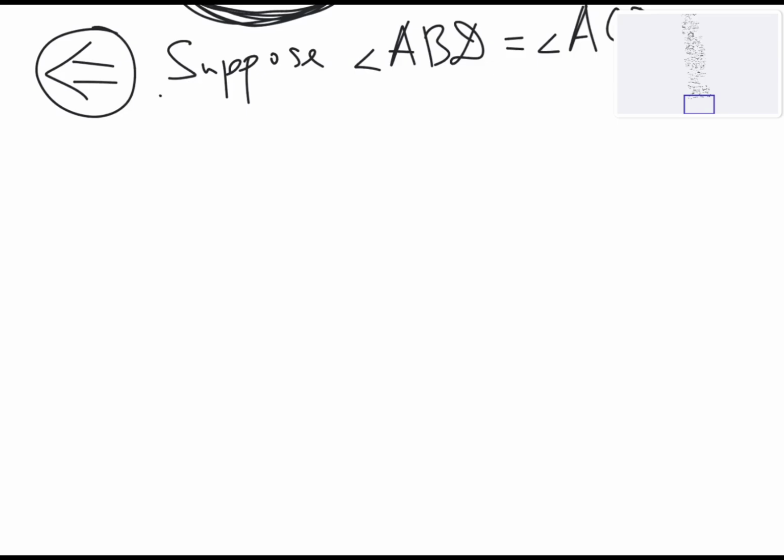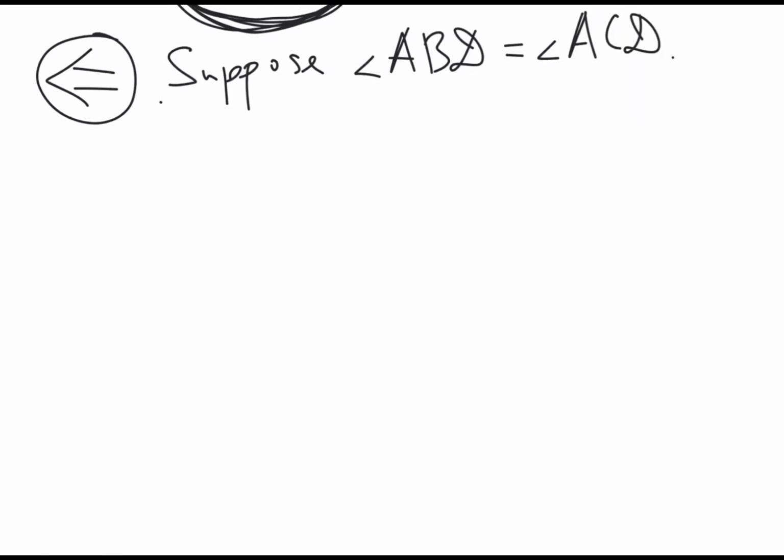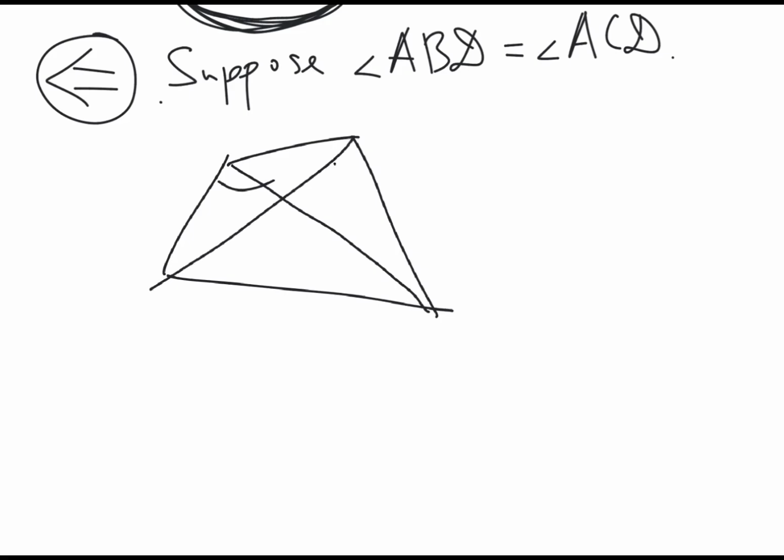And we can do a similar proof as in the first theorem. So basically we have a quadrilateral. These angles are equal. Let's draw it slightly differently.